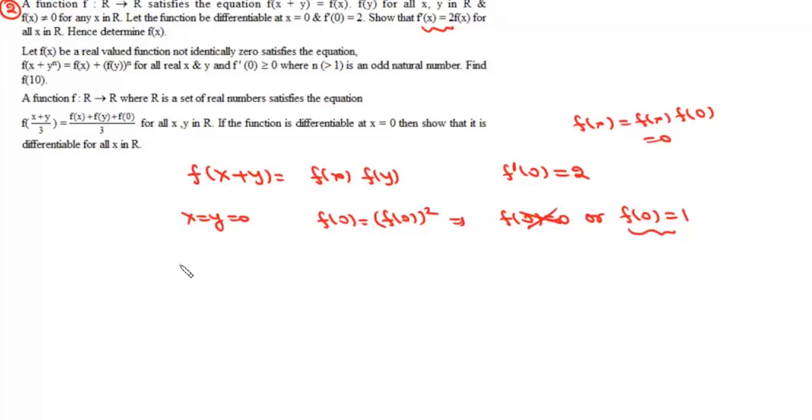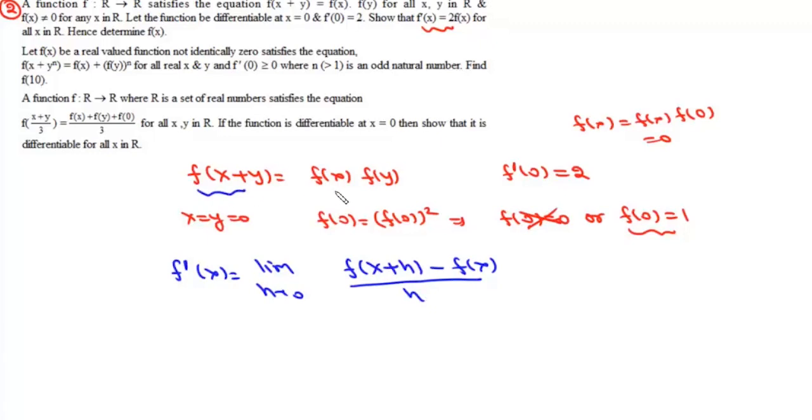Now we'll find f dash x. Now f dash x is defined as the limit h tends to 0 of f of x plus h minus f x upon h. Now we know f of x plus h will be f x into f h. So we can write this as the limit h tends to 0 of f x into f h minus f x upon h.